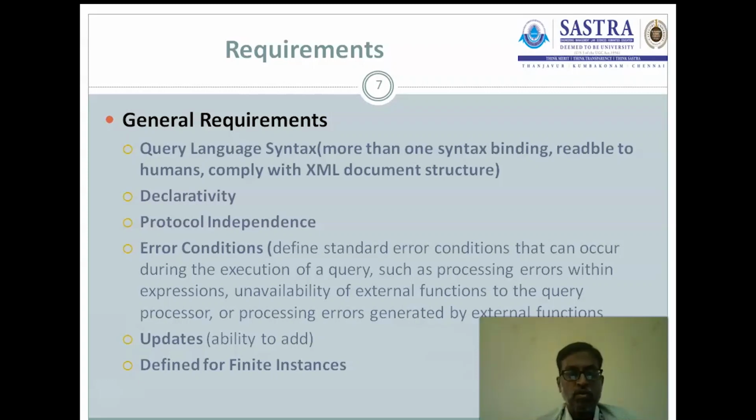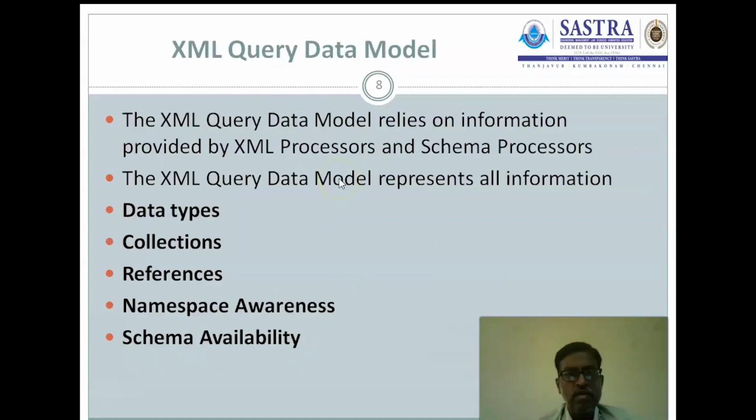Already I told you that the document must be converted into a query data model, where we can apply the XML query. The data model relies on information provided by the XML processor and the schema processor. If you want to execute an XML document, we need an XML processor.